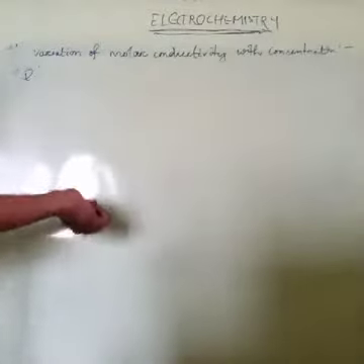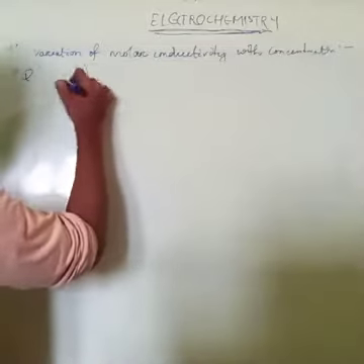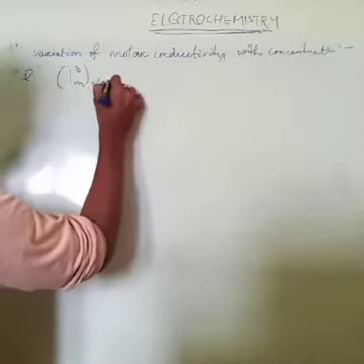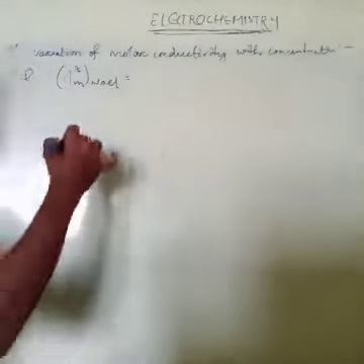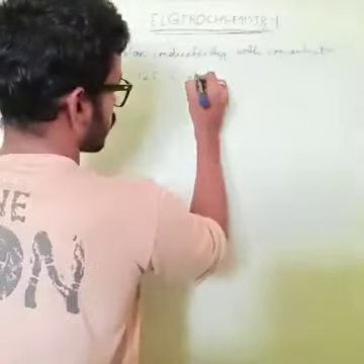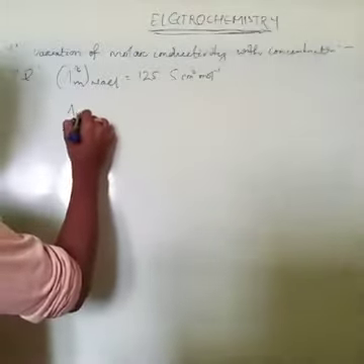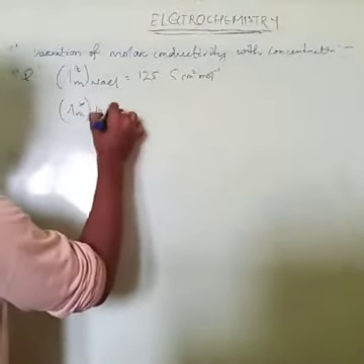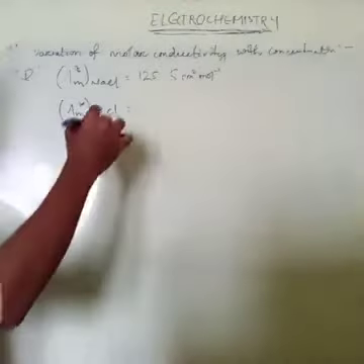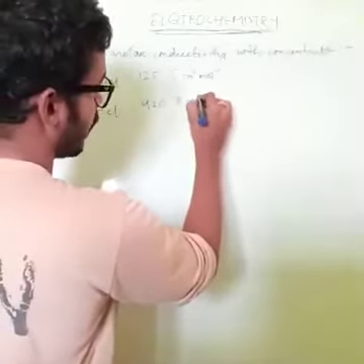Let me clean. Okay, so the problem is that the molar conductance at infinite dilution of NaCl is given as 125 Siemens centimeter square mole inverse. Molar conductance at infinite dilution of HCl is given as 427 Siemens centimeter square mole inverse.